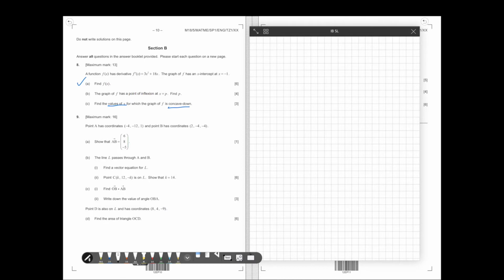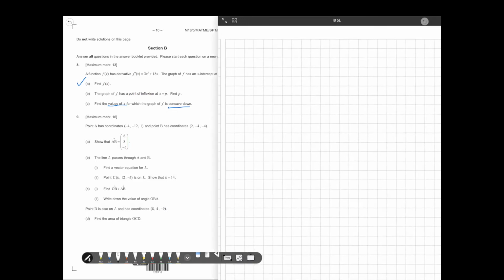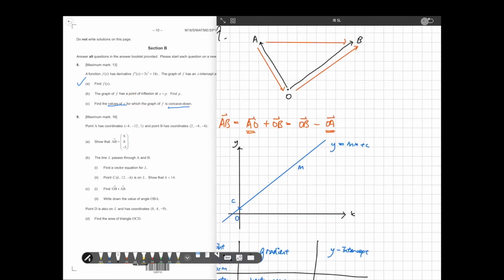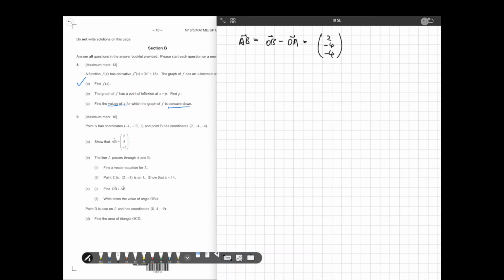So now, showing that AB is equal to (6, 8, -5). So that is a vector form. And we have learned that AB will be equal to OB minus OA. And the coordinates have been given. So OB will be just equal to (2, -4, -4). So that is the XYZ direction.